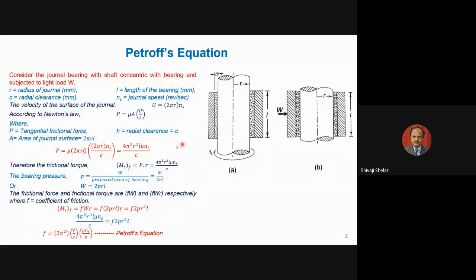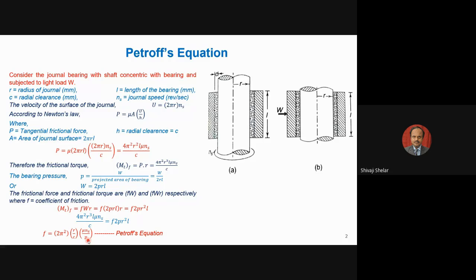Considering this content that we have seen, we found the coefficient of friction. The equation we learned is f = 2 pi squared (r/c) mu ns / p. In this, r is the radius of the journal, c is the radial clearance, mu is the viscosity of the lubricant, ns is the speed of the journal, and p is the bearing pressure.